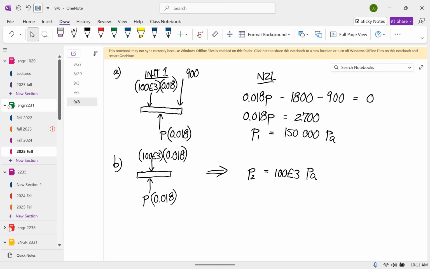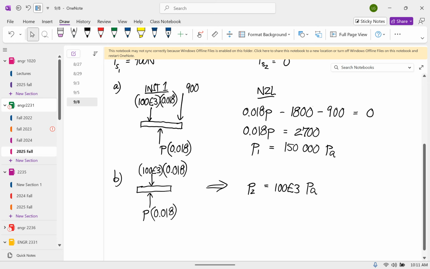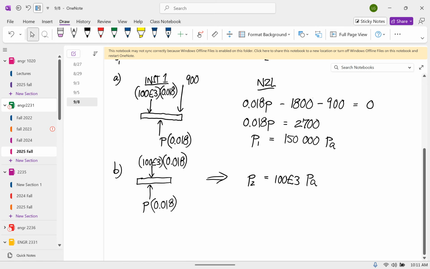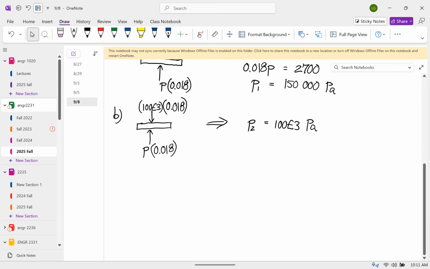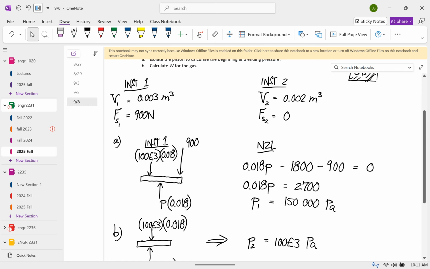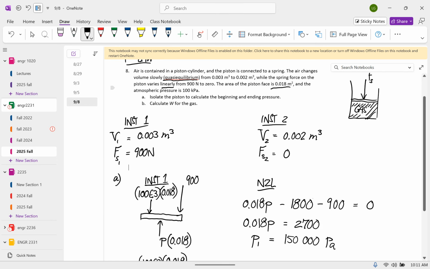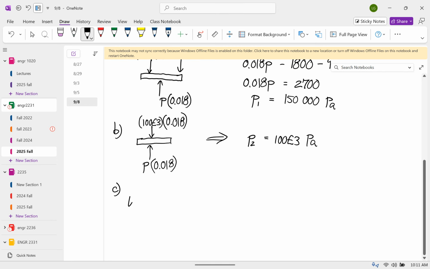Okay, so now we are going to assume that this pressure varies linearly with the volume. So what we're trying to figure out is W for the gas, the work of expansion. So we're trying to use this integral.